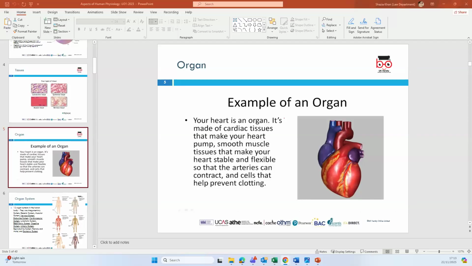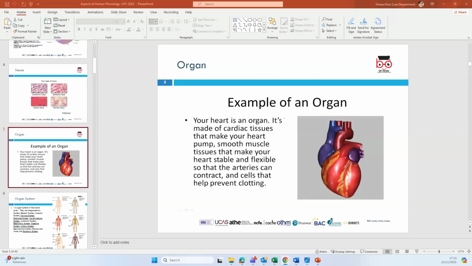Yes, they do. So if they don't work together, do you think things will go wrong? Yes, things will go wrong if they don't work together. So these work together to make sure that they establish how the brain works, what it controls, what the heart does, what the lungs do, what the kidneys do, and the liver.